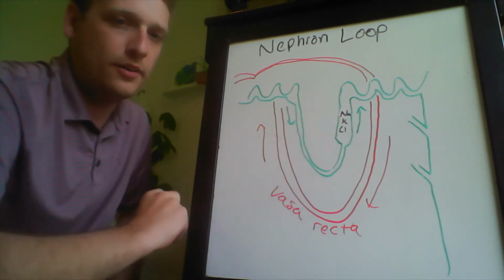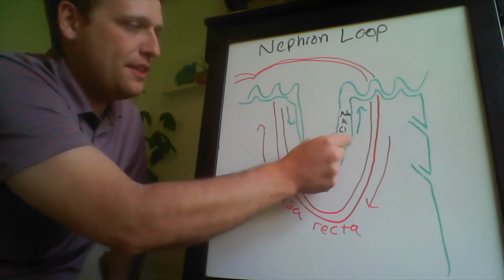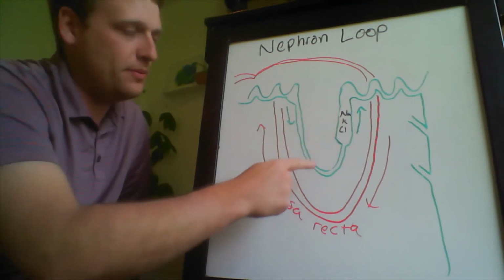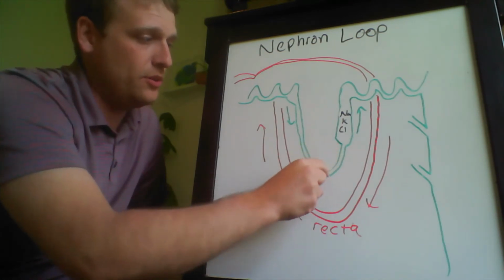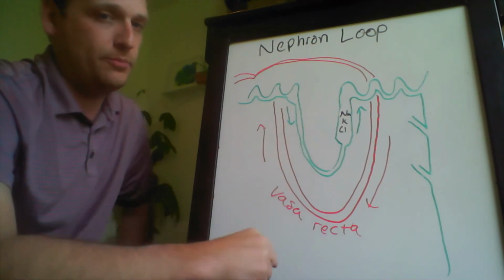And these two are very different from one another. You can see one difference is the thickness of the membrane. In the ascending loop, it gets a little bit thicker. It's got those cuboidal cells, as opposed to the squamous epithelium that makes up most of the descending loop.